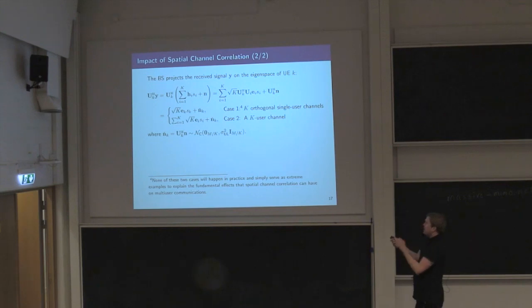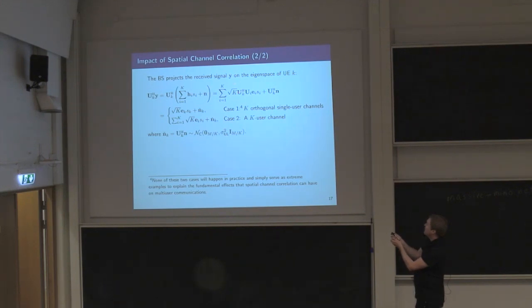If I now, when I receive my signal y and am interested in the signal from user k, multiply with this G matrix from this particular user, then I multiply this with each of the users' channels. And if I expand h_i, as I had on the previous slide, as U_i times some vector e_i that was uncorrelated Rayleigh fading, then I get this inner product between the different U matrices from user k and user i.